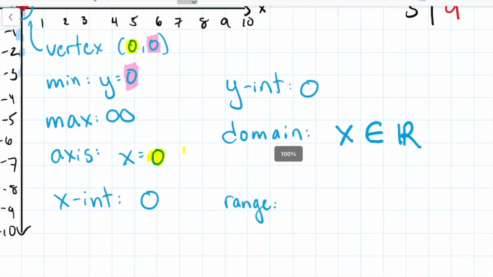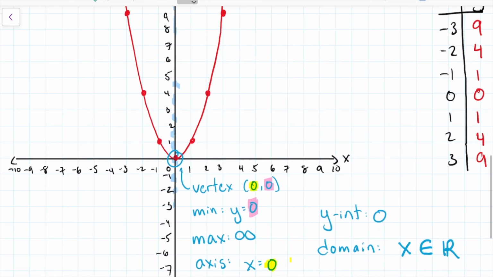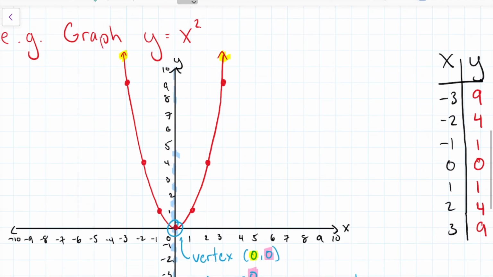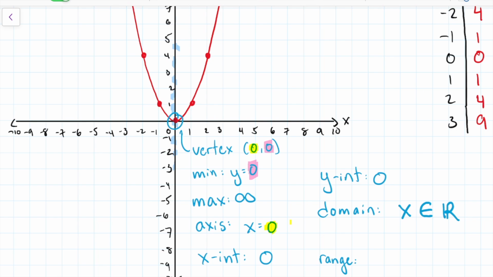So if we go back up to the graph again, we can see the graph does go up forever, right? We've got those arrows up at the top. So we are going up forever and ever, but it doesn't go down forever. It does have a bottom. So the vertex is the bottom of our graph. It is our lowest y value. That's why it's our minimum.